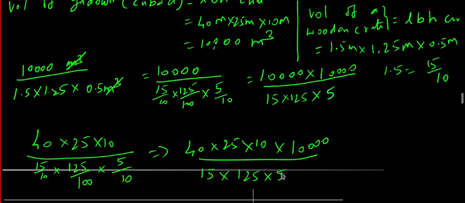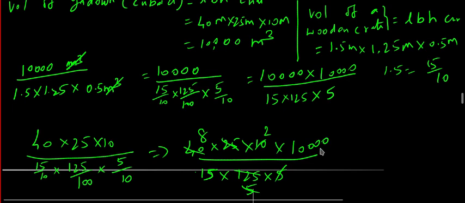If we cancel, 125 and 25, 4, 5, 25, so this 5 will go 8 times. What is left over? Only 15 in the denominator.